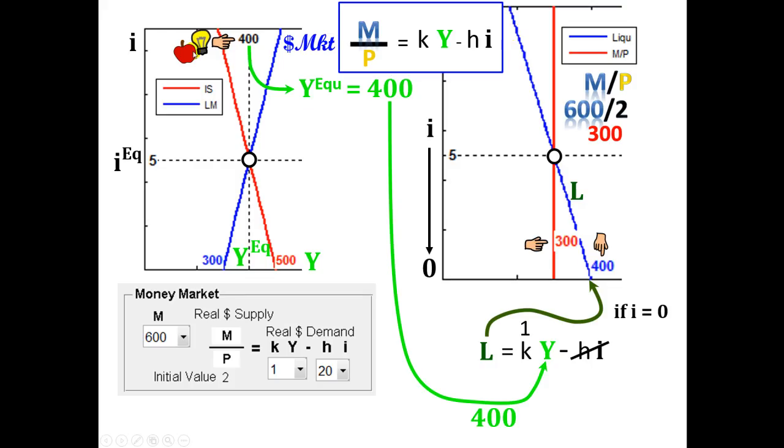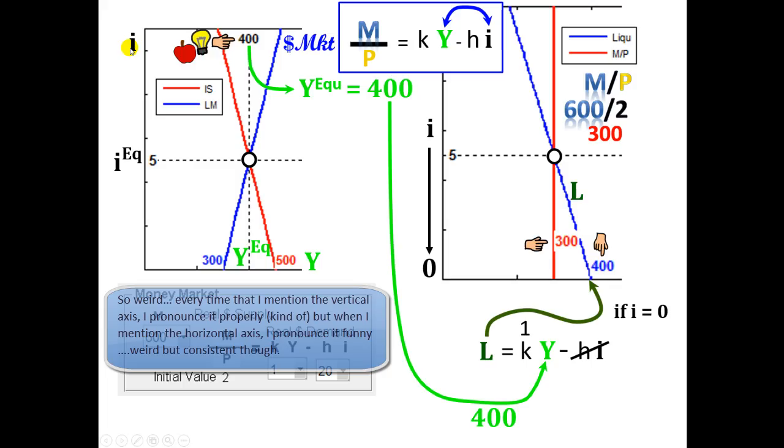But if I don't have the IS curve, which represents the goods and services market in equilibrium, I cannot find this point, because the LM curve takes M, P, K and h from here as constant, and then what the LM curve does is to relate income with interest rate. These are the only variables: income in the horizontal axis and interest rate in the vertical axis.